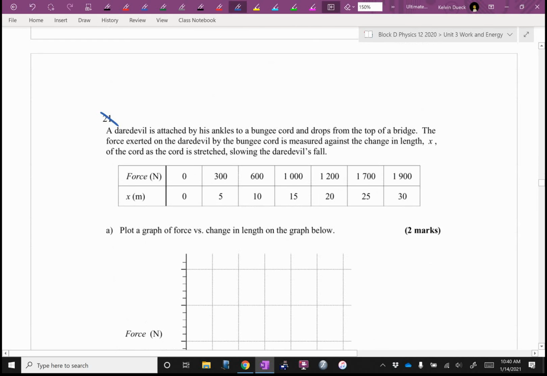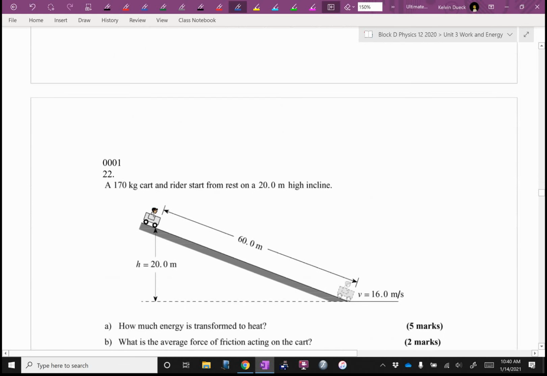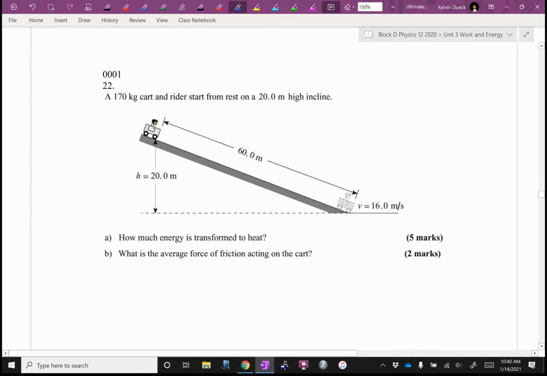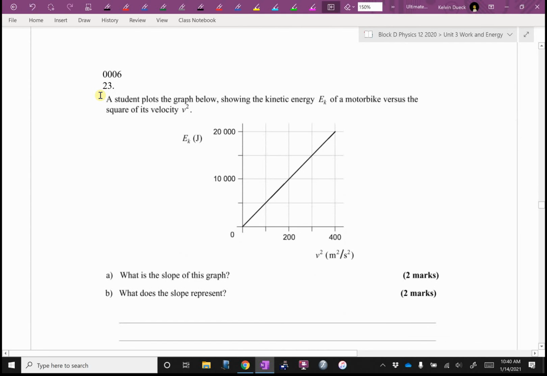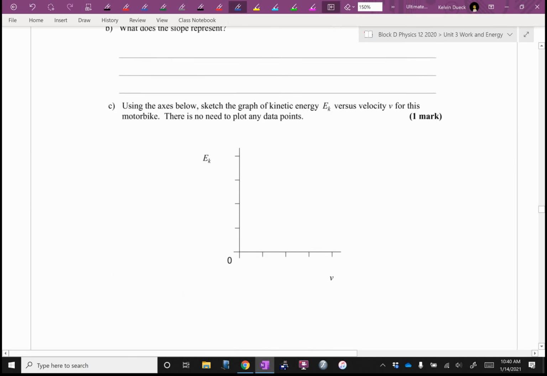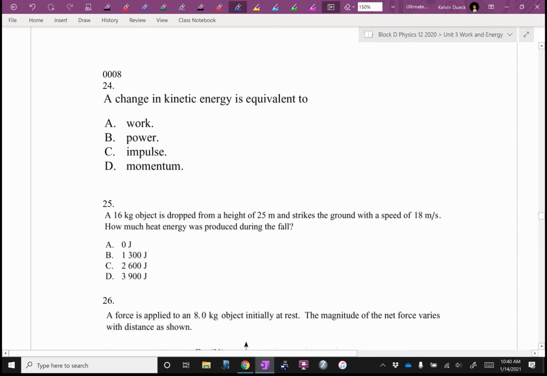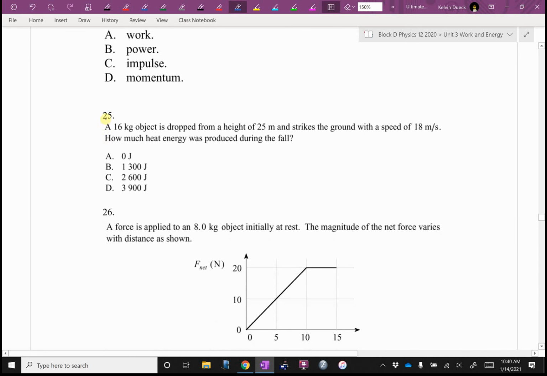Skip 21. 22 is fair game. Did I give you that last time? I should have. Good. Skip 23. Skip 24. Did I give you 24 last time? Okay. Skip 25.